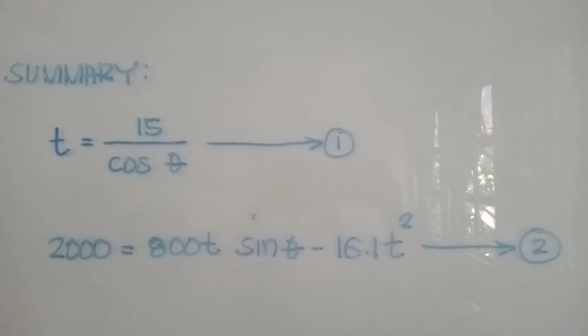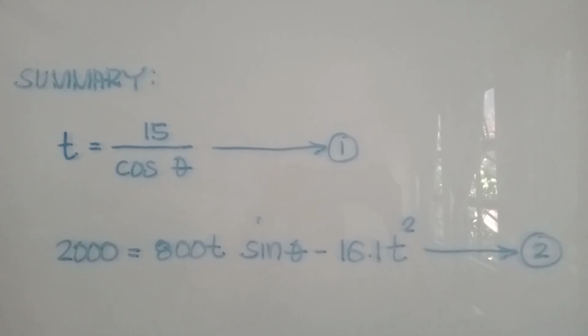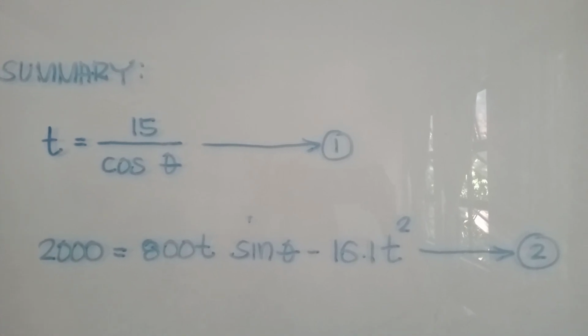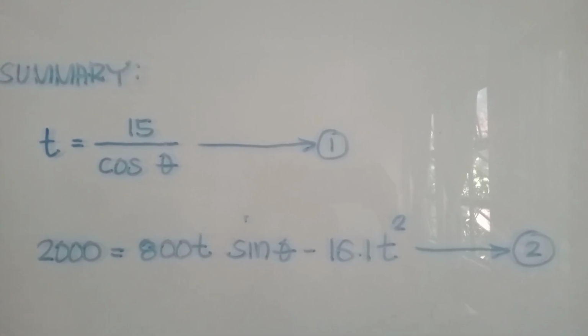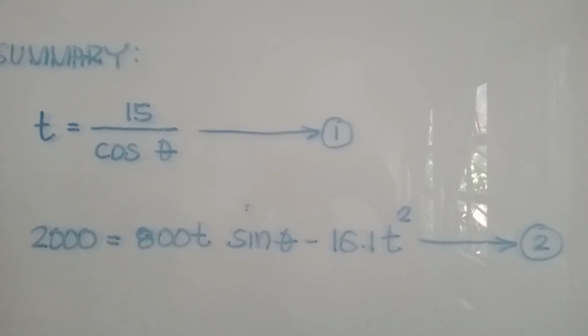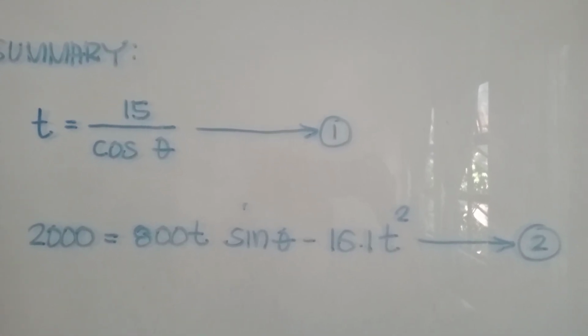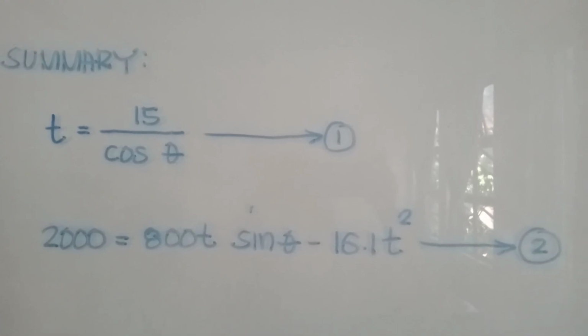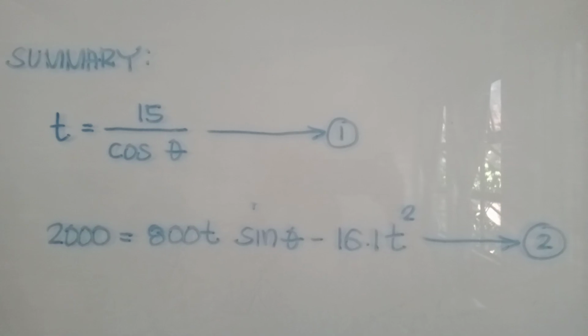Instead, we will use substitution. We will substitute equation 1 into equation number 2 so that the resulting equation is an equation in only one unknown, which is theta. That will be the content of our video number 3. Alright, that's it. Thank you.